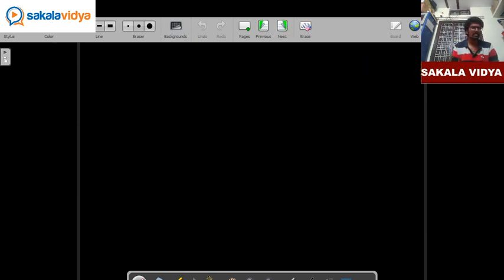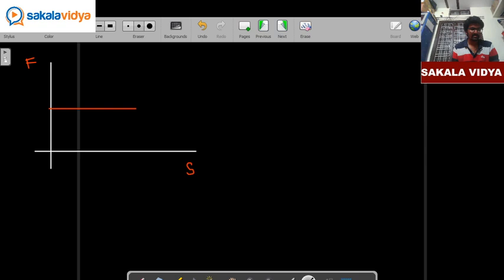So what is given here? A graph is plotted between force and displacement. Here the value given in the question is 40, and here the value is 50.